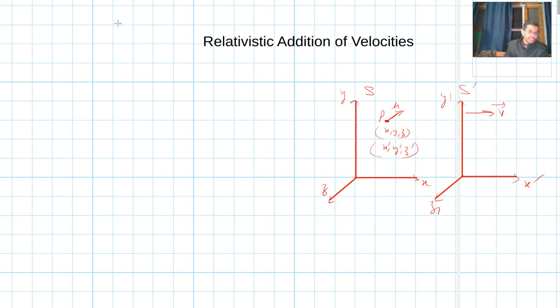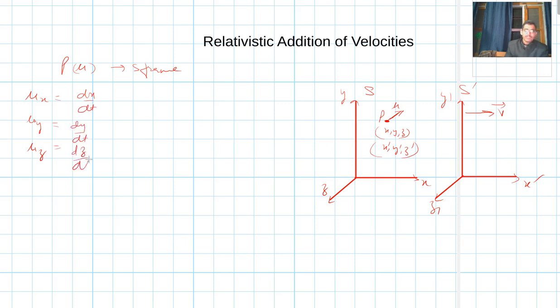So now this is the arbitrary direction and the particle is at p and it is moving with velocity u in the S frame. And now u has different components, ux, uy, uz. So ux can be written as dx over dt, uy is dy over dt, and uz is dz over dt.